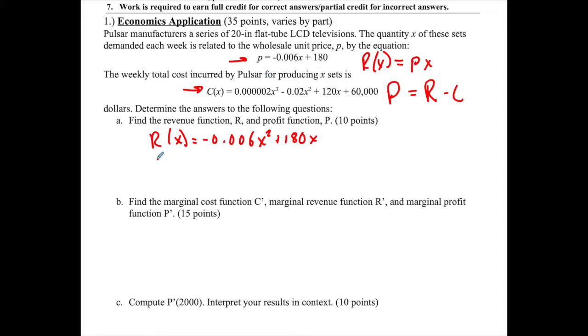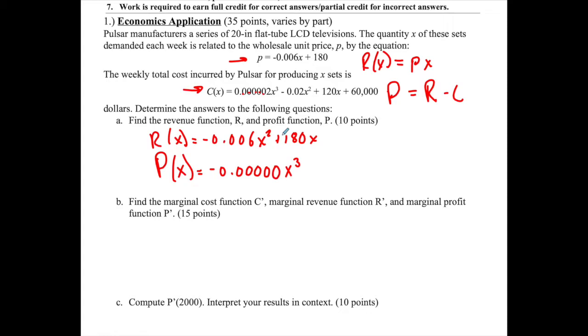Now you should put this in standard form, meaning the highest power of x first. So that would be the x cubed term, which has a like term. Now what I need to do is the second one.